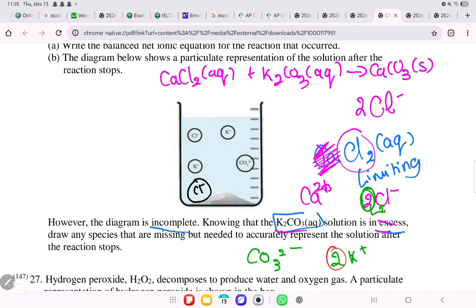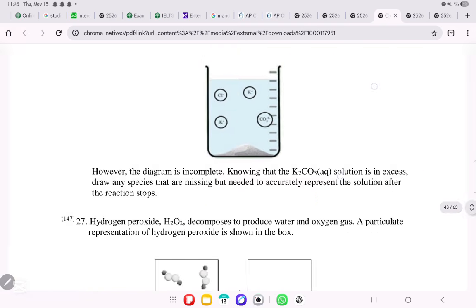I originally have 2K+. That means I will multiply the number of moles of K+ I had, which is 2 in this scenario, by 2. That means I need to double it. So when I double it, I will have now 4. So this is what my solution is supposed to look like. I'm supposed to have 4K+, 2Cl-, and 1 CO3 2-.